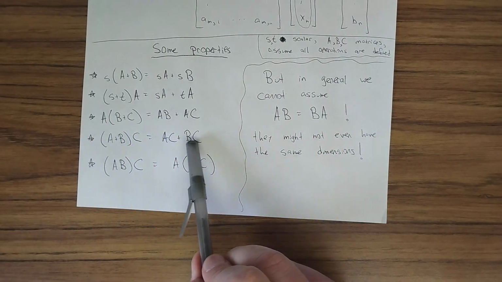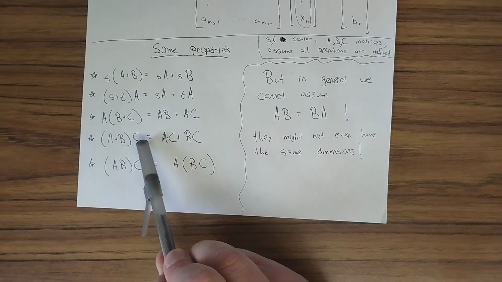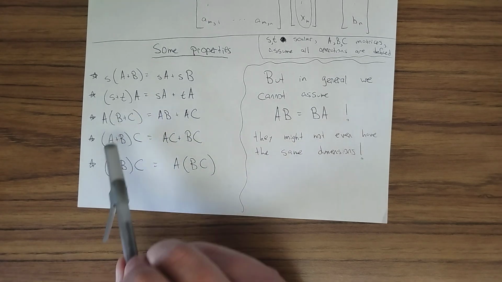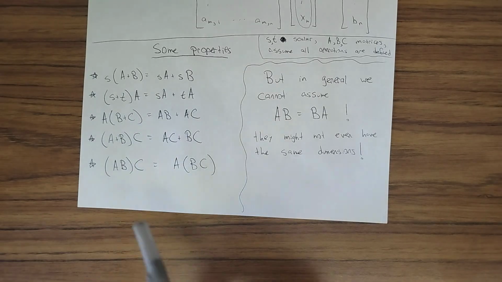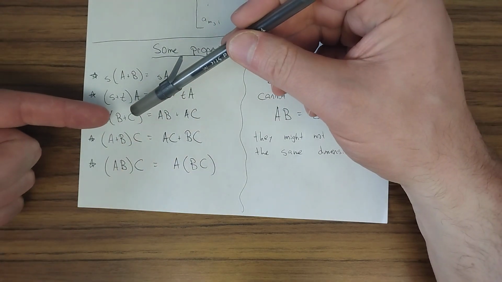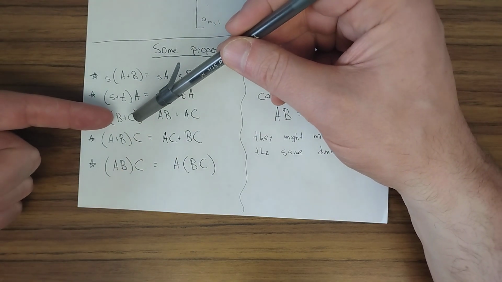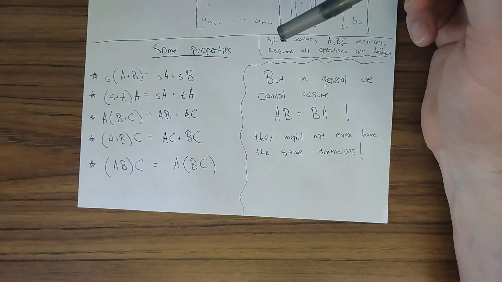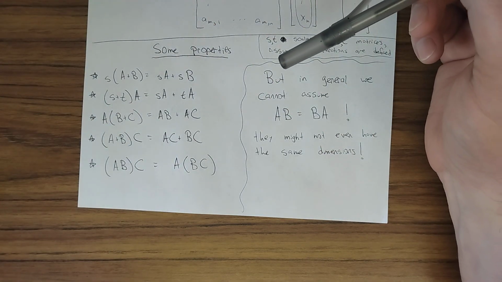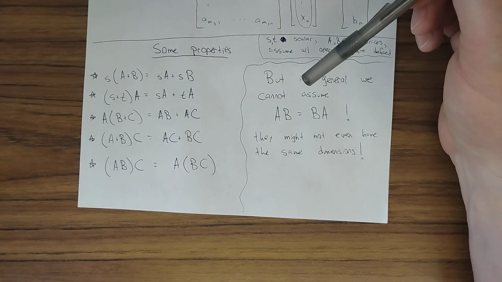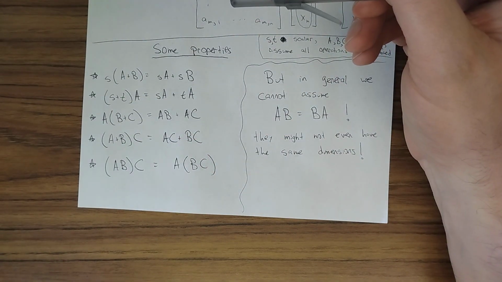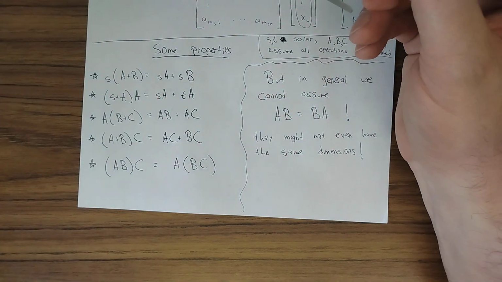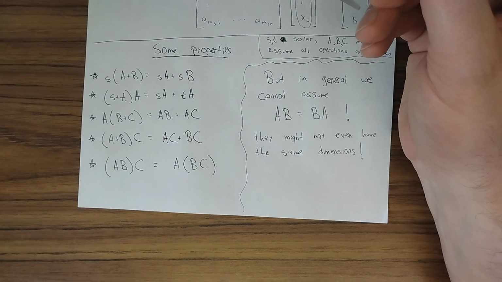You might wonder why I would write this next one separately, because it sort of looks the same. The reason for writing it separately is because multiplying something on the right is not necessarily the same as multiplying it on the left, and that's something that I'm going to get to. So these are two separate properties, but in general, I would describe them both as distributive properties.